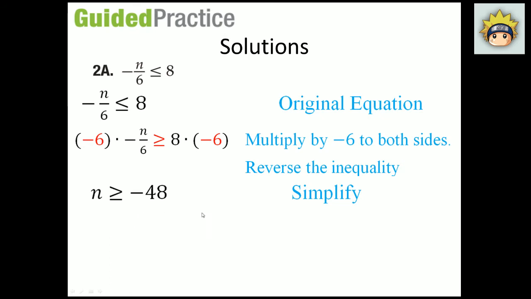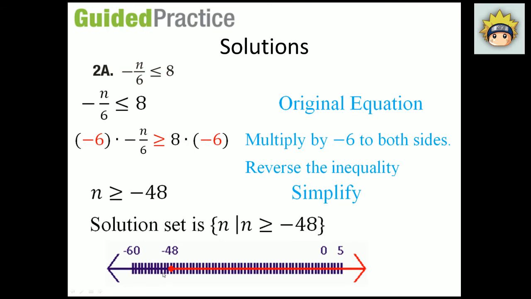My solution set is n is greater than or equal to negative 48. And here is my graph. It's closed, and it goes all the way to the right. Any value greater than negative 48, so negative 47, negative 5, 0, 5, all those values are greater than negative 48.